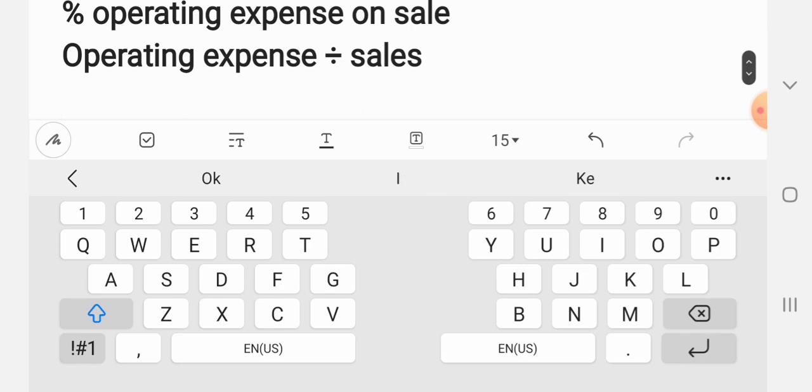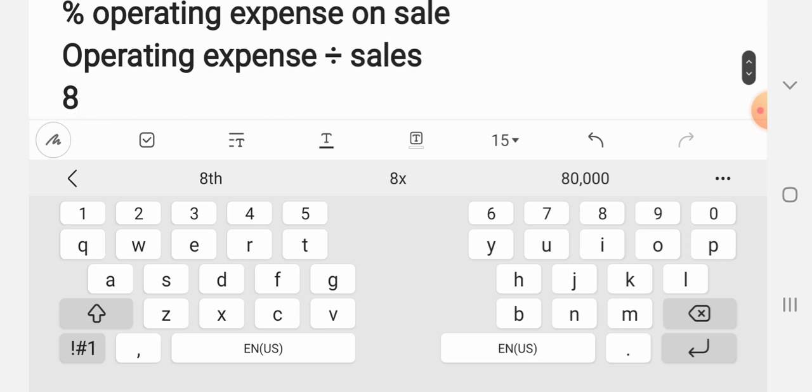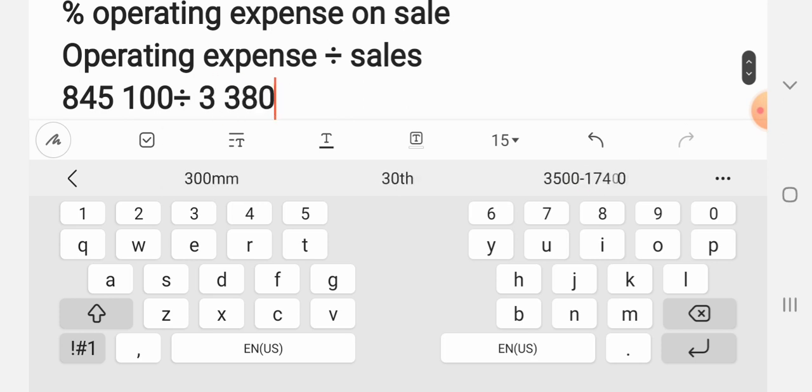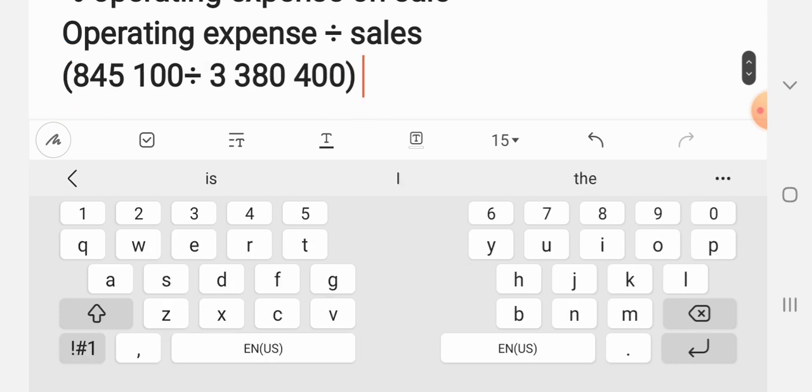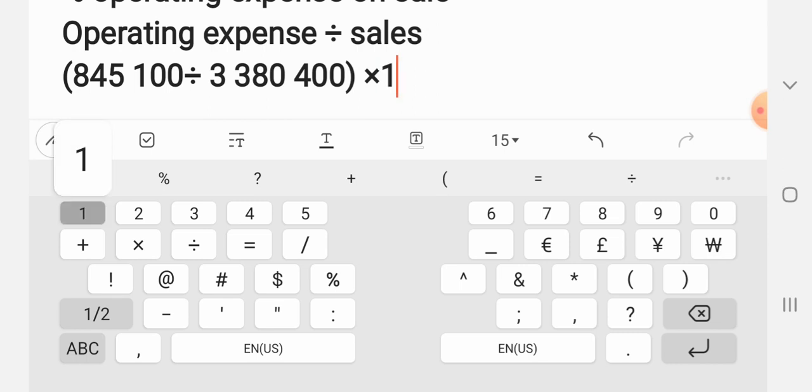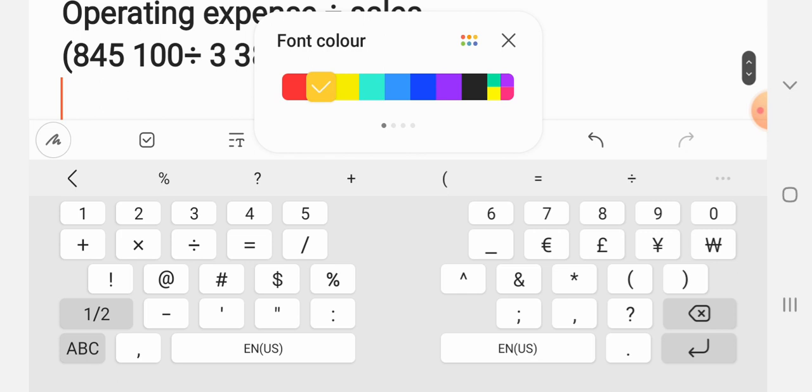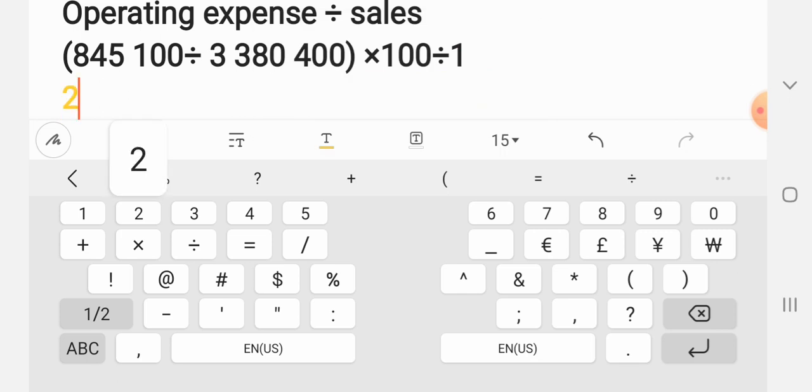So I will show you where we got the amount. The operating expenses amount is 845,100, and that will be divided by sales, which was 3,380,400, and then all of this will be multiplied by 100 divided by 1, and that will give us an answer of 25%.